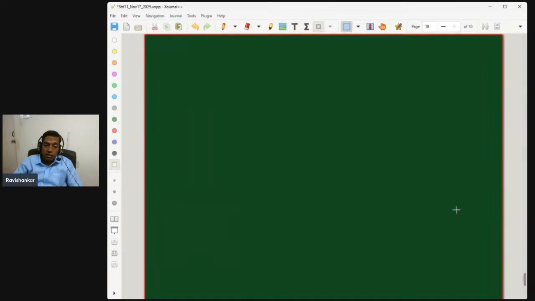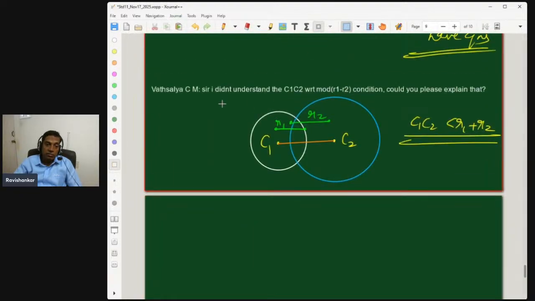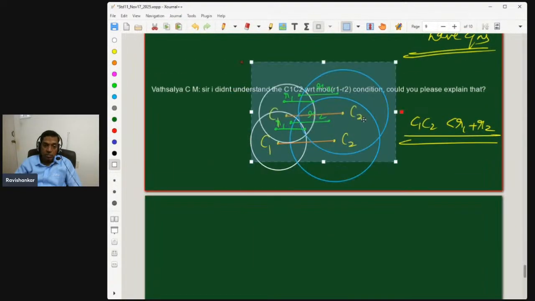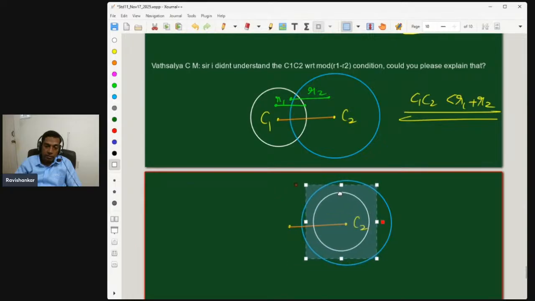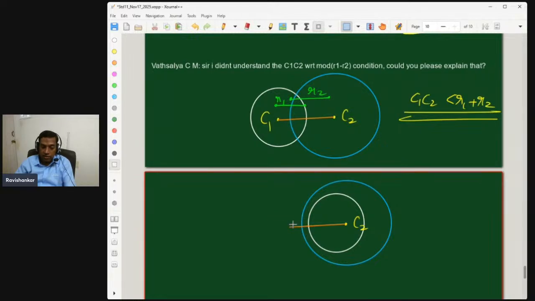For example, a situation like this, so just think of how C1 and C2 will look here.